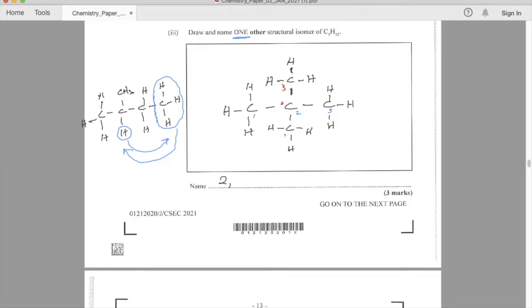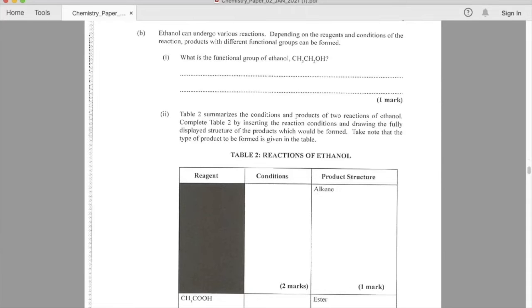So there is one on carbon 2, there's another one on carbon 2. Then we use a dash to separate numbers from the letters. So we have to say that there are 2 methyl groups, so we would say dimethyl. And the longest chain is made up of 3 carbons from the alkane series, so it would be propane. 2,2-dimethylpropane.